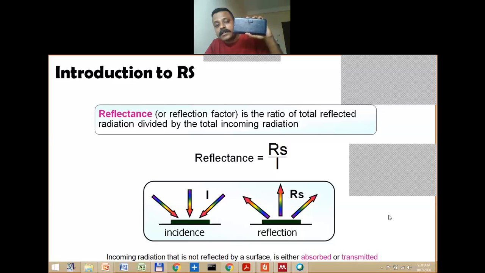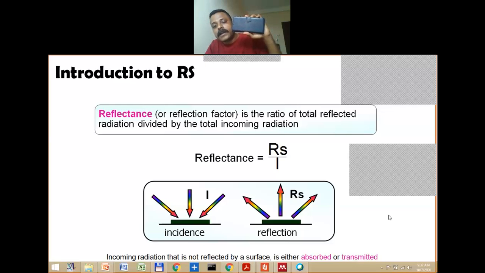So when I ask someone what is the reflectance of this mobile cover, he or she has to answer that this much energy is being reflected from this particular mobile cover, while the total amount of energy incident on this mobile cover is this much.